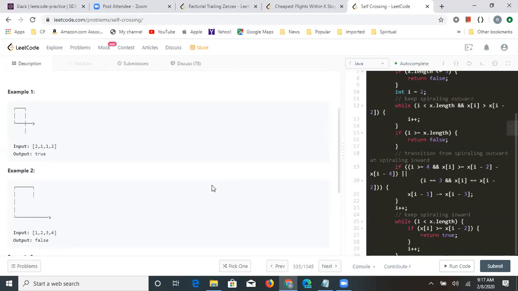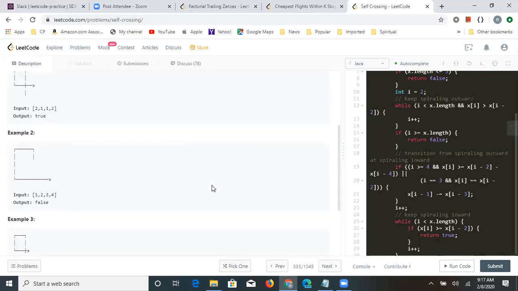Anybody tried this problem? Yeah, I think that we go counterclockwise, right? And then we go the whole circle counterclockwise. Mm-hmm.